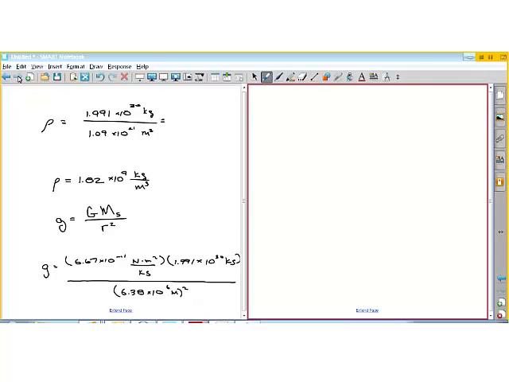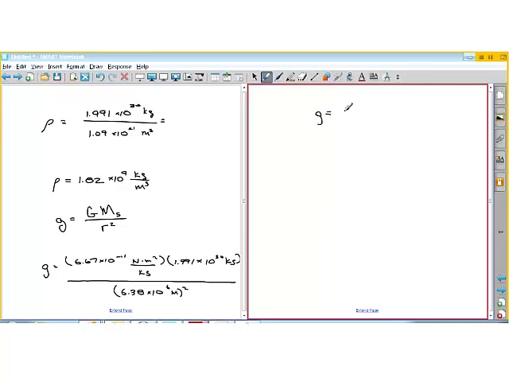Calculator. 6.67 e to the negative 11 times 1.991 e to the 30th divided by the quantity 6.38 e to the 6th squared.